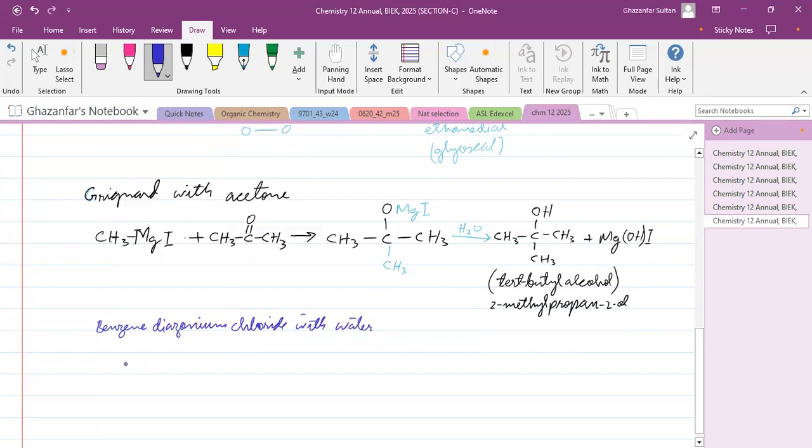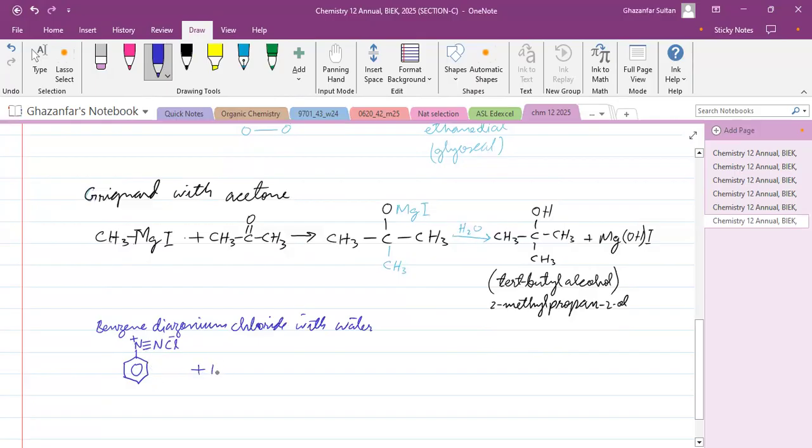Remember the structure: first draw the benzene ring, and on any position, two nitrogen atoms are attached with a triple bond. As a result, it becomes positive. So if chloride is here, this is a salt, that is diazonium chloride.